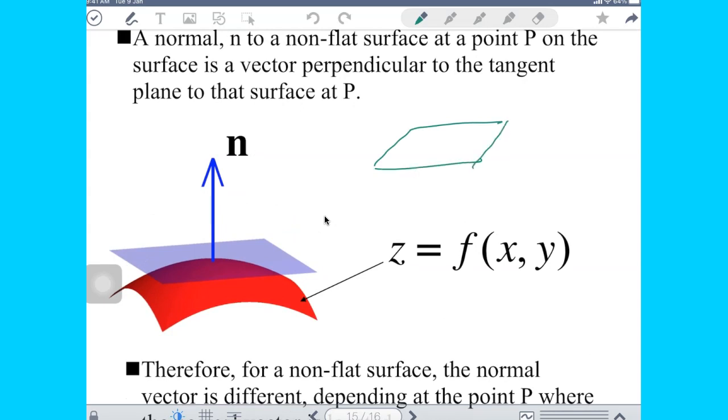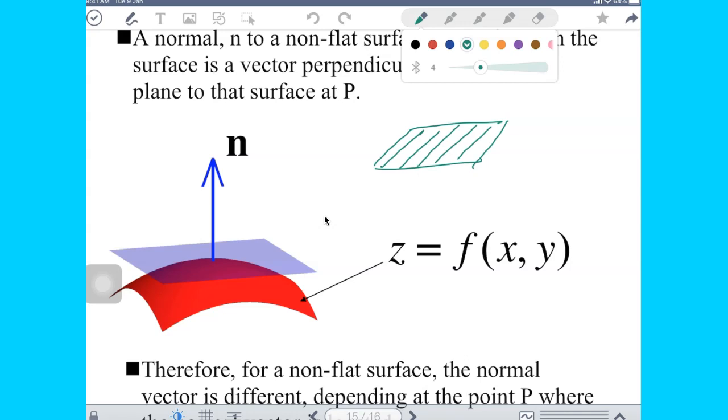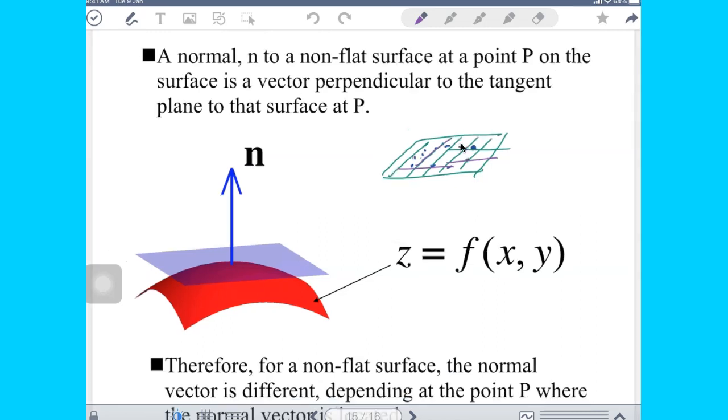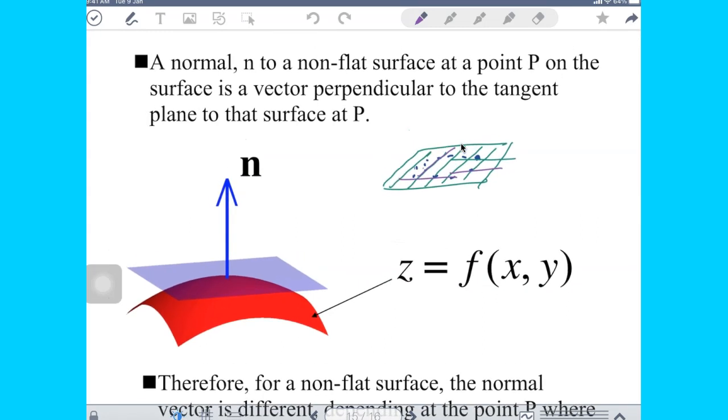At any point on the plane, let's say you choose one point, the tangent lines at each of the points are always the same, right? There is a tangent line, another tangent line, another tangent line. As we know, the normal vector is always perpendicular to the tangent vector.